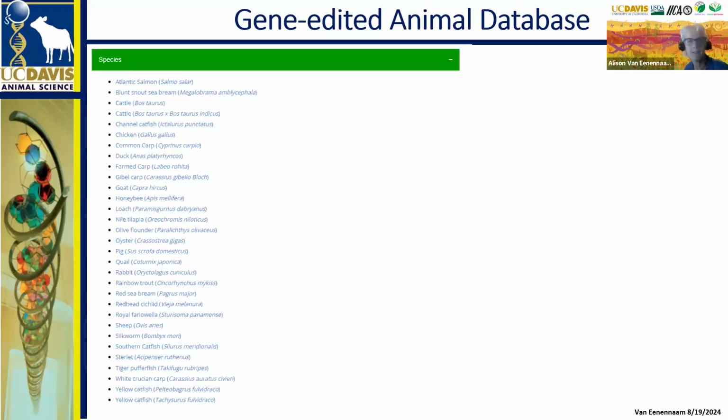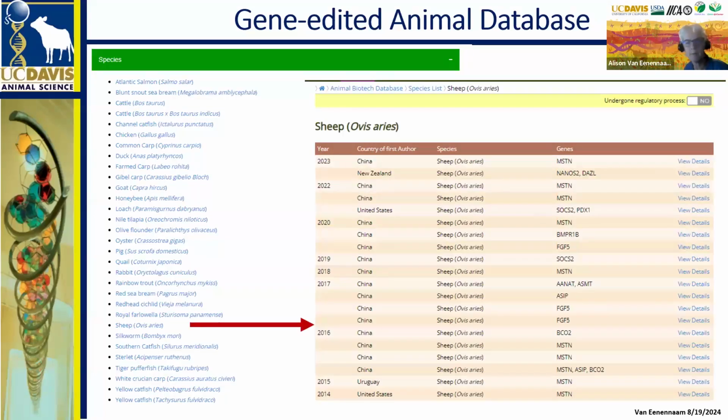And so in this example, I'm going to click, this is all of the different species that are in the species link. And if I, for example, click on sheep, I'll get a breakdown of what papers were done in sheep, what year they were published, who published them, what the gene target was. And if I click on view details, I can go and get more details on that paper.